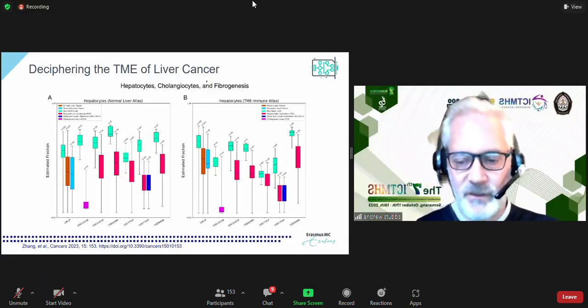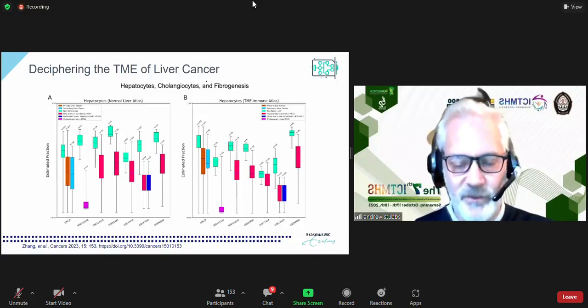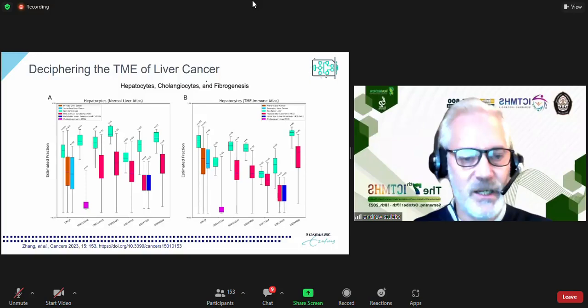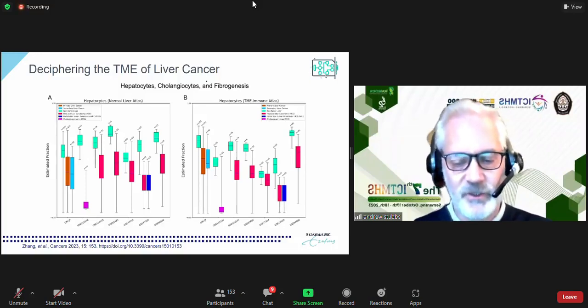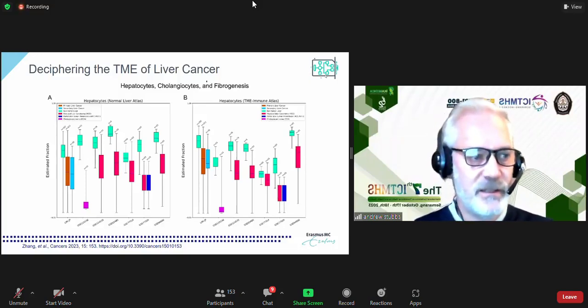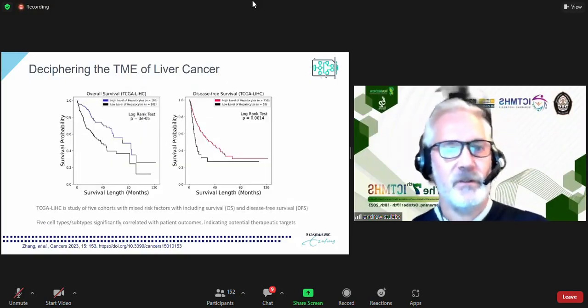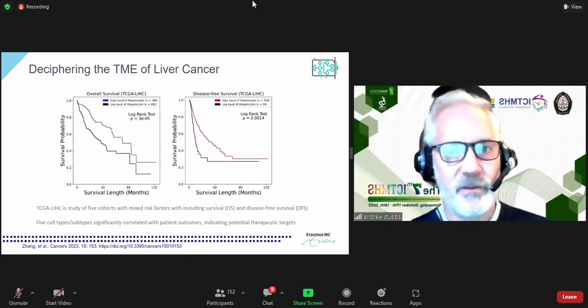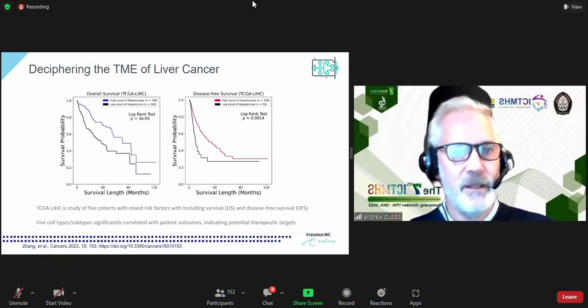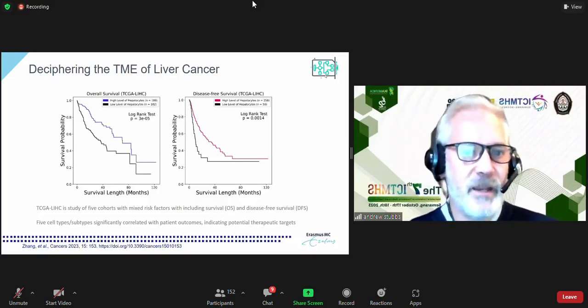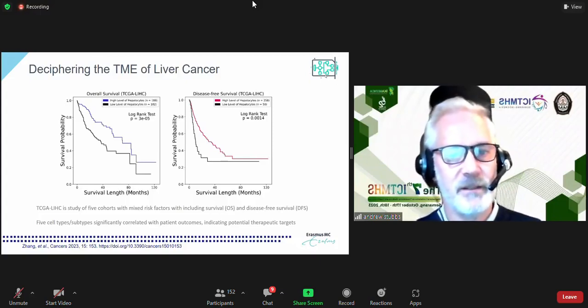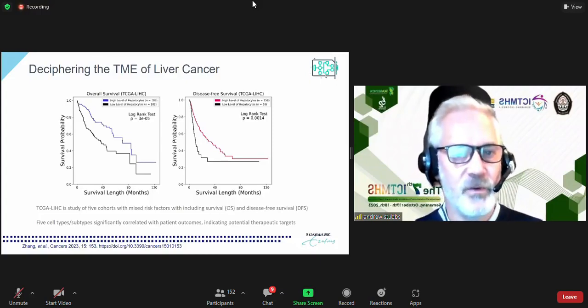hepatocellular carcinoma. So we've taken this slightly further and we've said, okay, based on the population of these cell types and the gene expression, so we can take bulk gene expression from a human liver cancer and we can identify the survival type. So here we looked at overall survival and disease-free survival. And of course, the higher the hepatocyte levels, so either in blue or in red lines, we actually see an improved survival type of that individual.